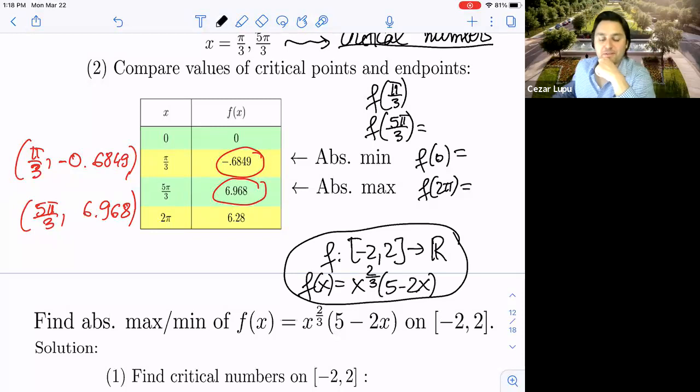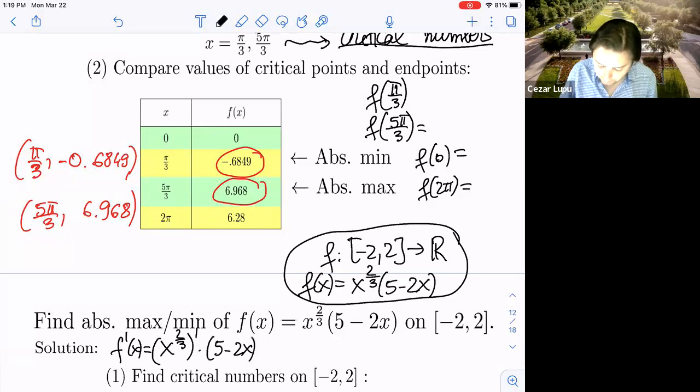So what's the derivative of this function? Again, like Sabrina says, we can use the product rule, right? So let me write it here. F prime of x is, let's say, x to the power 2/3 prime times 5 minus 2x plus x to the 2/3 times 5 minus 2x prime.